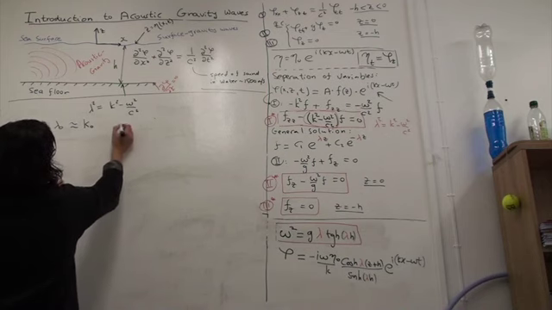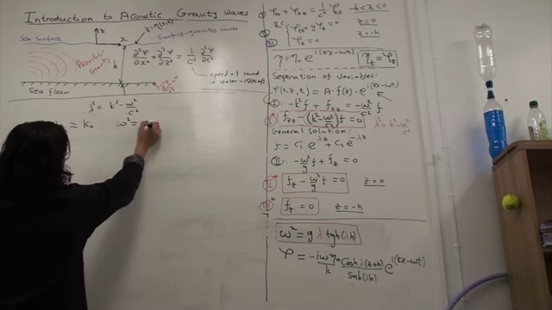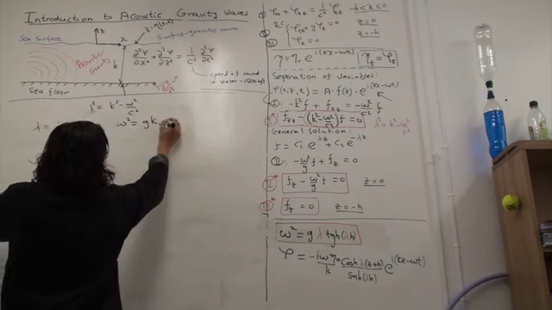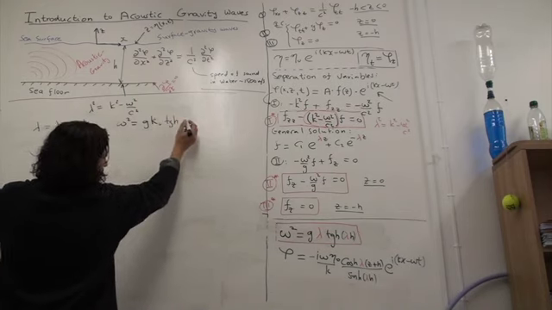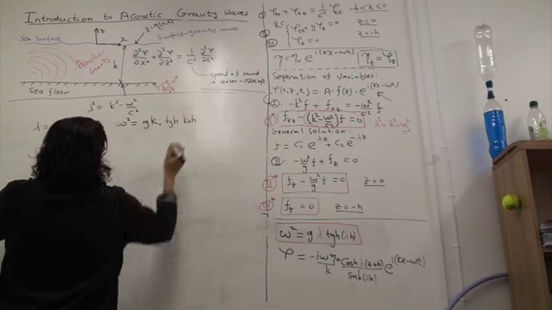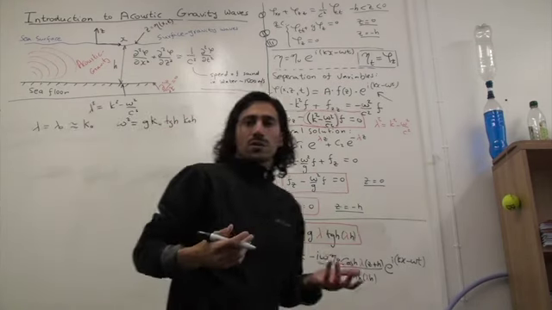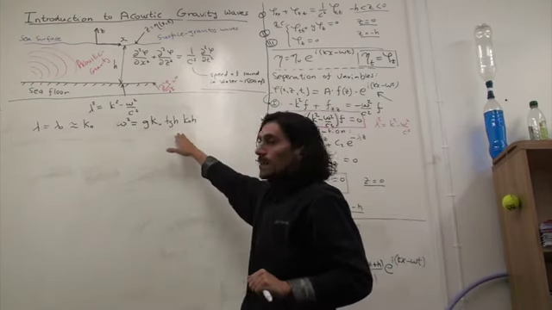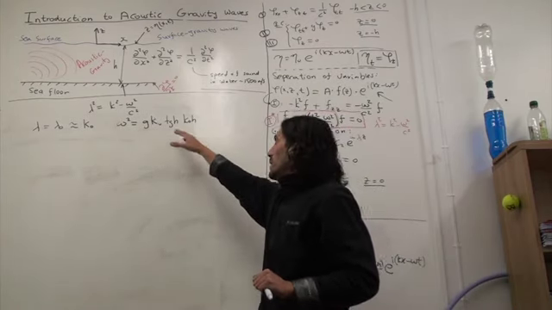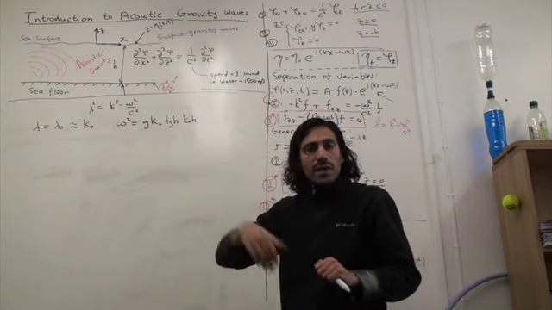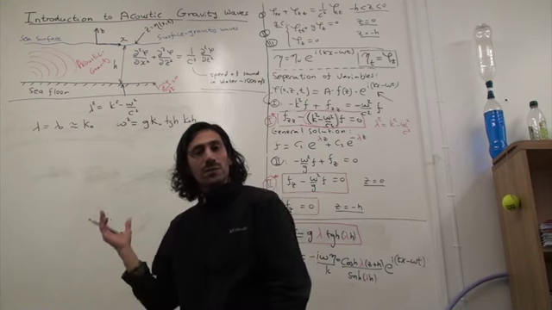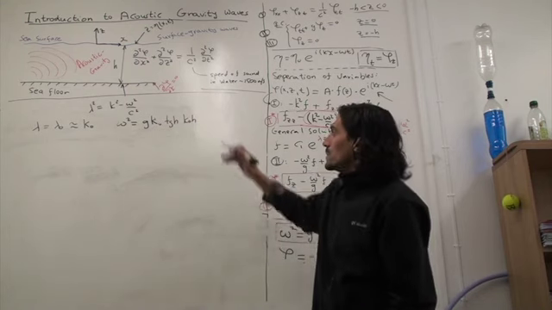So you get omega squared equals g k0 hyperbolic tangent k0 h. So this is essentially what we had before, and now you can analyze situations where kh is very large or kh very small, and then you can also derive the phase velocity in these cases, as we did before.